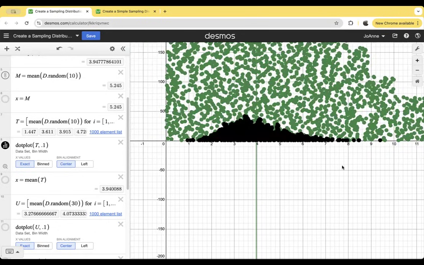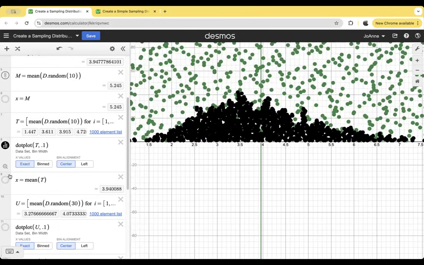And I'm going to also show you the mean of the black distribution. Remember, the black distribution is a sampling distribution for sample size 10, and the black line represents the mean of that distribution. So the black dots, there are 1,000 random samples taken out of the population of size 10, and these are the sample means.